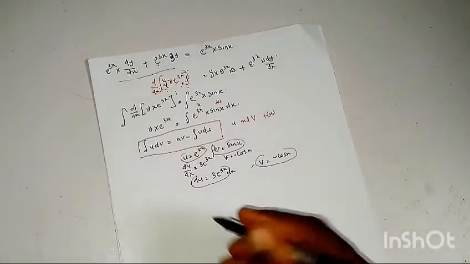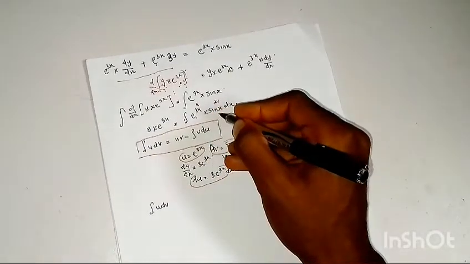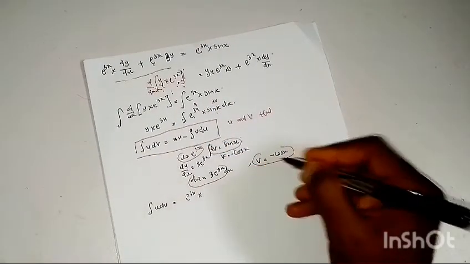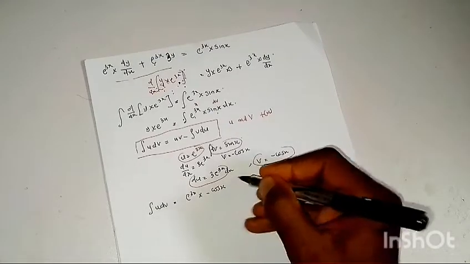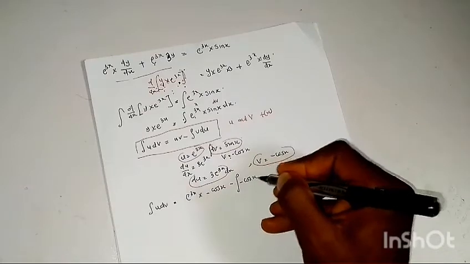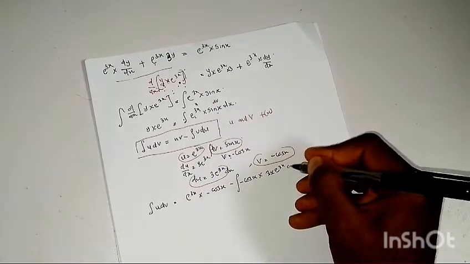So my integral of u dv, which is exponential 3x times sine x, is equal to my u, exponential 3x, times my v, which is minus cos x, minus my v, which is minus cos x, times my du, which is 3 times exponential 3x dx.